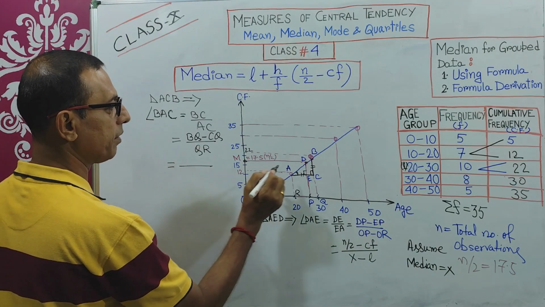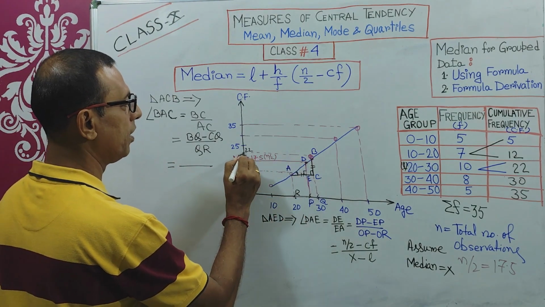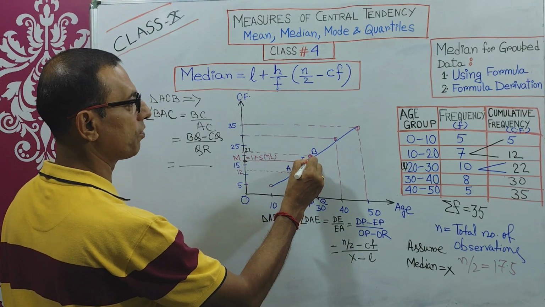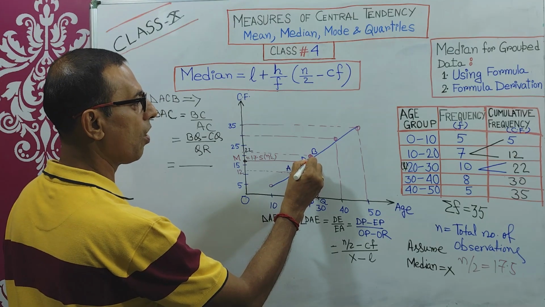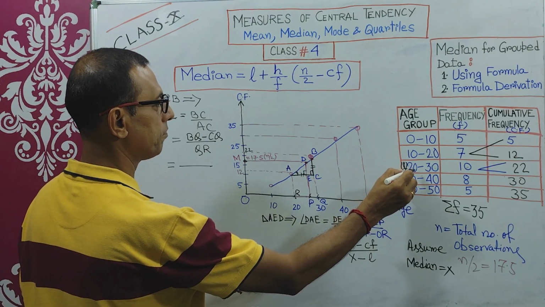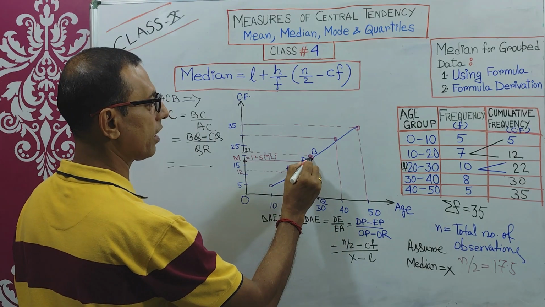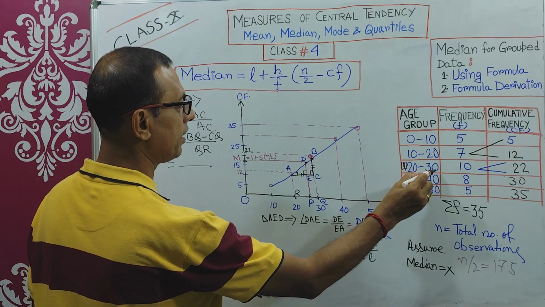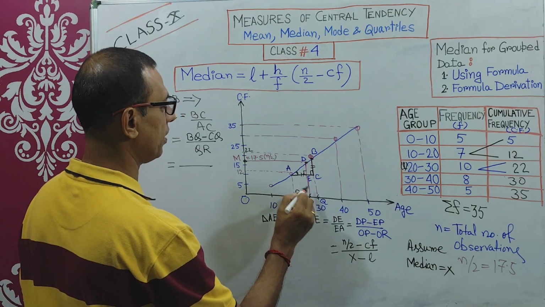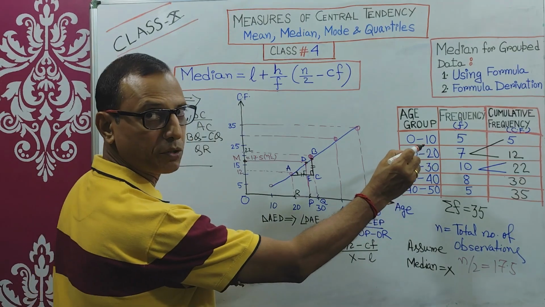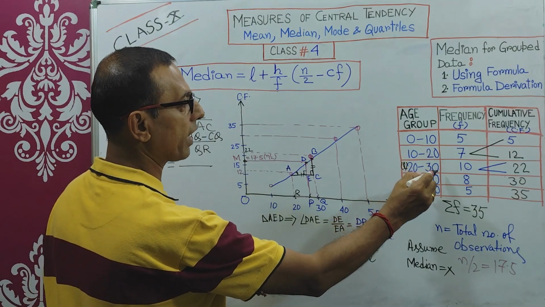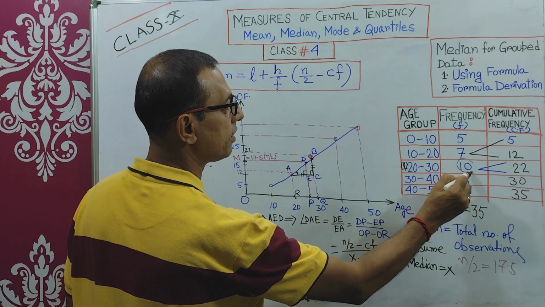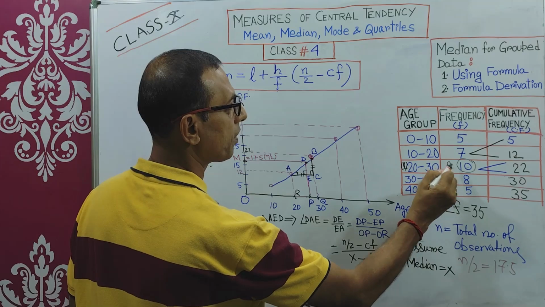BQ is nothing but, from the graph itself you can find out, BQ is the cumulative frequency of observation value 30, and CQ is the cumulative frequency of observation value, the lower limit we have taken 20. So if you subtract these two, you are actually getting the frequency of the median class.